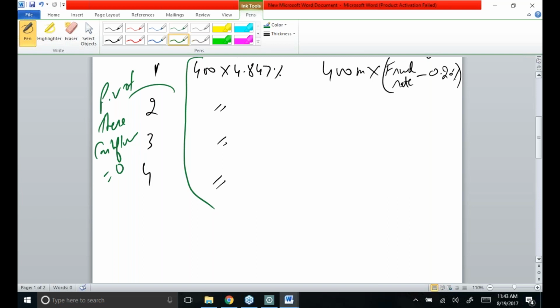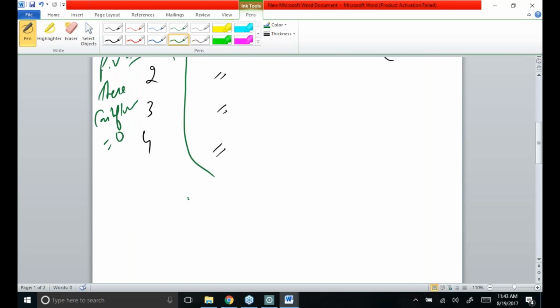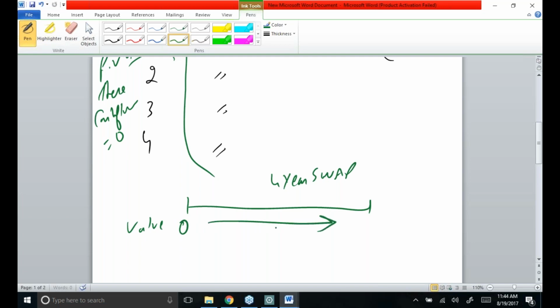But swap value will not be 0 during the swap contract. Let's suppose a 4-year swap. Its value will be 0 at the start of the contract, but its value can be positive or negative during the 4-year period.